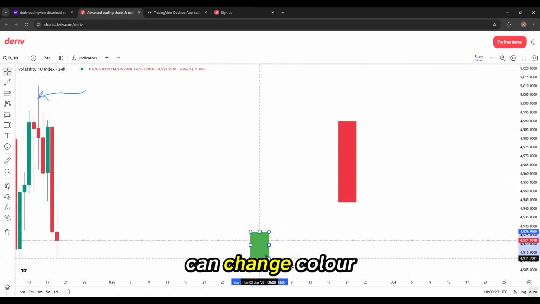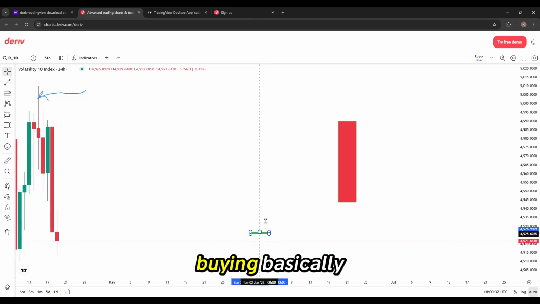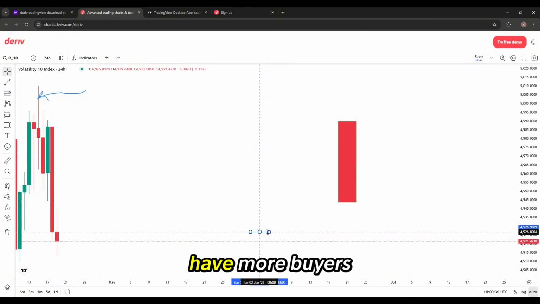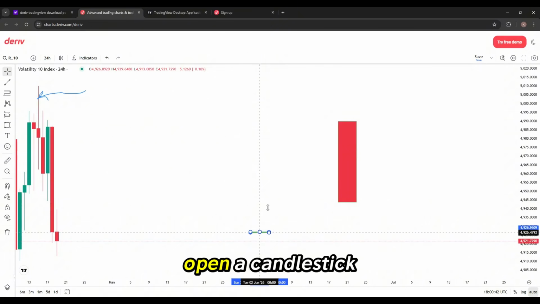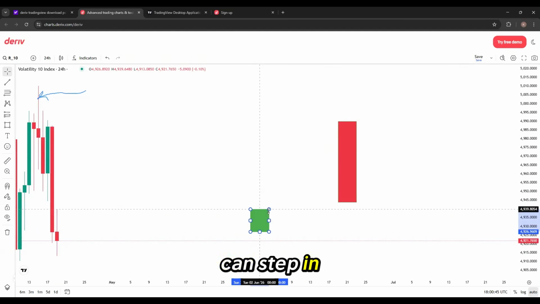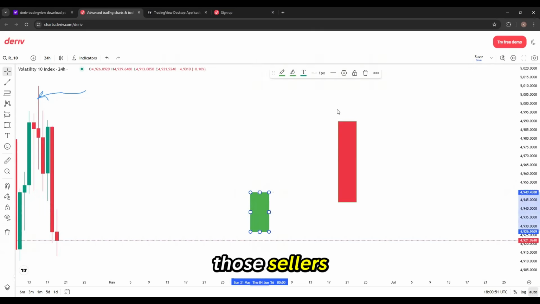That means it can change color. But remember, a green candlestick means we have more buyers than sellers for that candlestick to open. Buyers can open a candlestick and then sellers can step in, but then buyers will overpower those sellers again, and what they will do is leave what you call a wick or a tail.